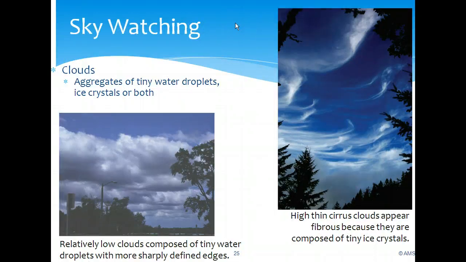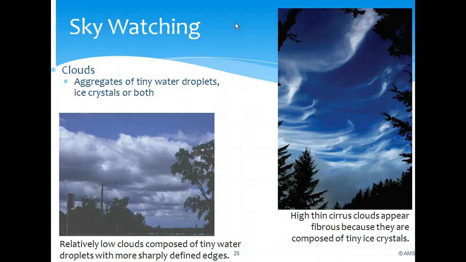This PowerPoint ends basically with the idea of looking up into the sky and seeing things called clouds. Clouds are nothing more than water droplets or ice crystals or combinations thereof.